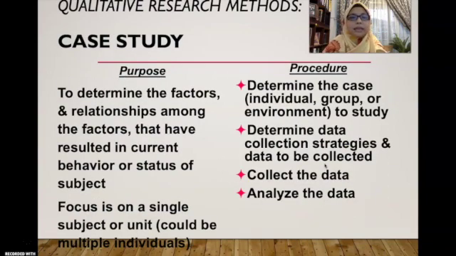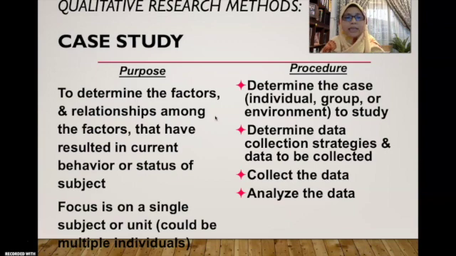Next one is case study. Case study is an example of qualitative research method. The purpose of case study is to determine the factors and relationship among the factors that have resulted in the current behavior or status of the subject. So the focus is on a single subject or unit, could be multiple individuals.